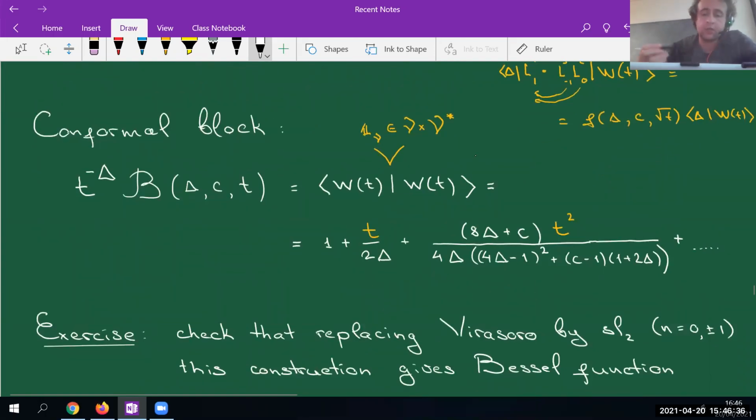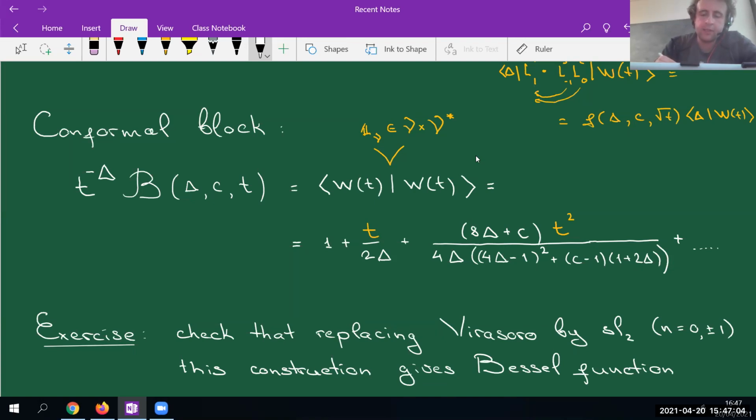Right, and now the conformal block. This simplest irregular conformal block that we need for Painlevé 3D8 is just the norm of this Whittaker vector. So now you can ask me, well, how can I compute the norm if I don't have a pairing between different vectors from here and from here?